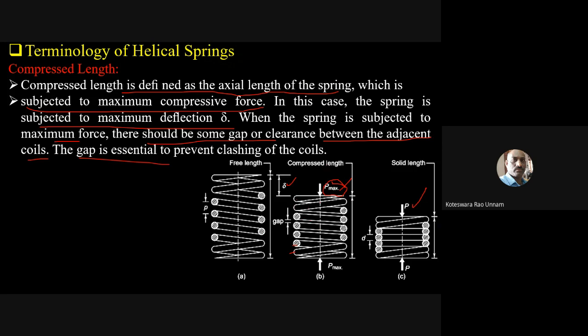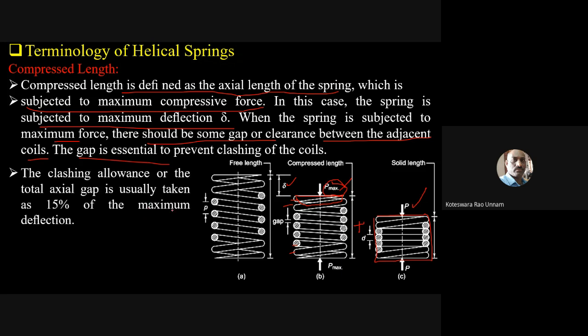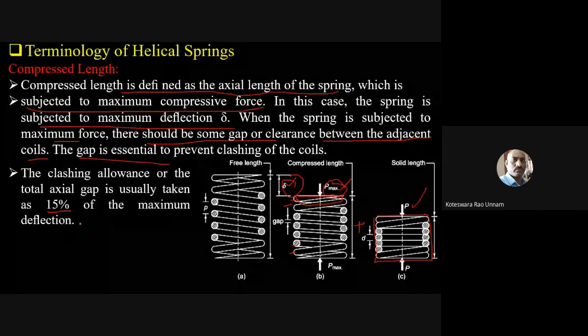So if you want to write an expression for the compression length of the spring, you can write it as solid length plus the clash allowance, or gap between the adjacent coils, multiplied by the number of gaps. Generally this axial gap is taken as 15% of the maximum deflection.